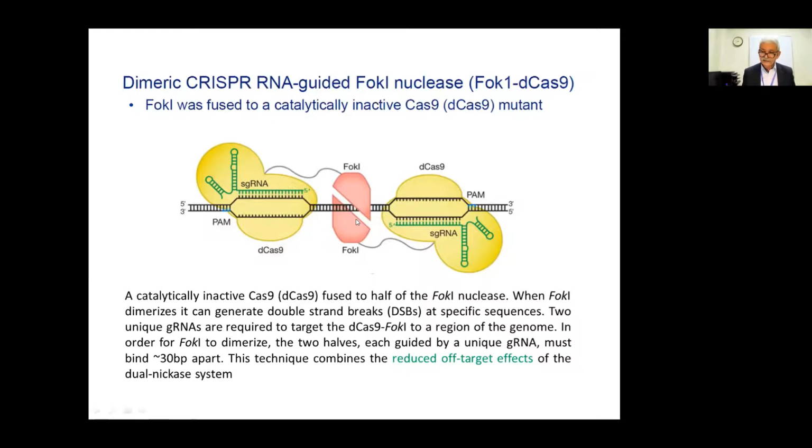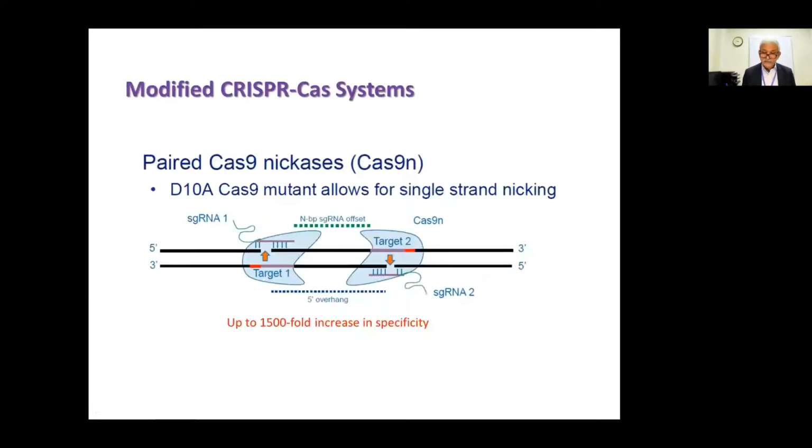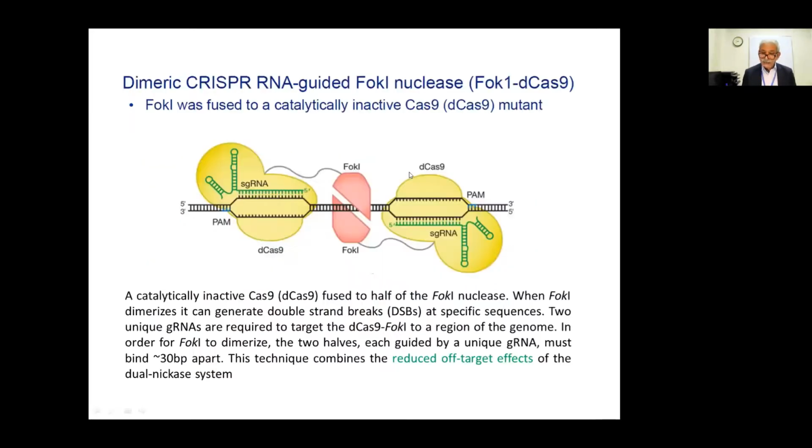So again, the specificity issue has been addressed by taking a pair of gRNA, so that the chances of non-specific cutting could be reduced, just like in the earlier case. This Cas9 has no capability to cut, so they have taken help of fork1. So this modification is a little advanced from there.